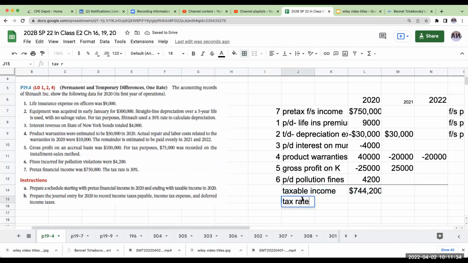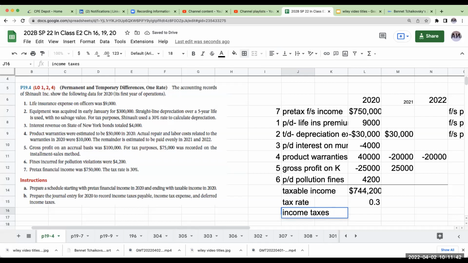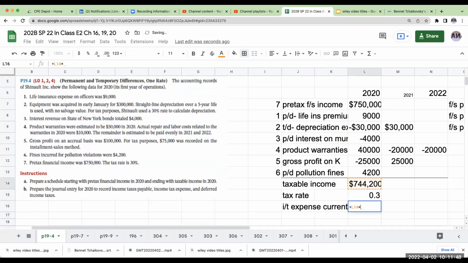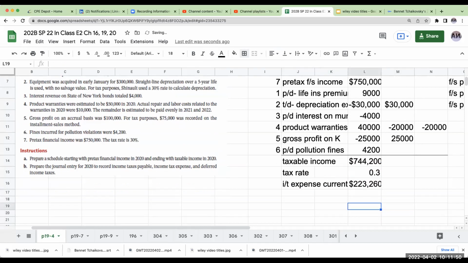My tax rate is going to be 30%. So my income tax expense current and my income taxes payable current is going to be $233,260. Let's do the journal entry.